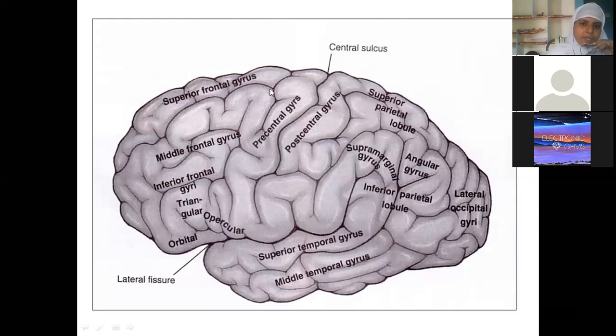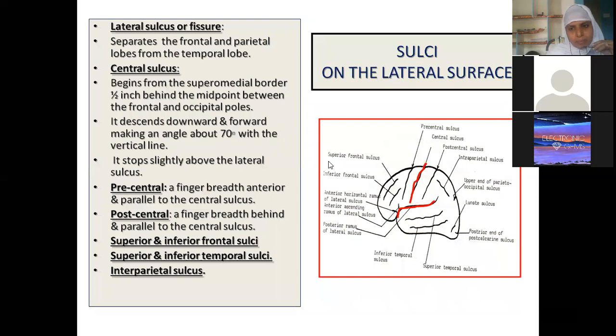In front of the central sulcus, we have the precentral sulcus. You see here, this becomes very easy. This red line is indicating the central sulcus. This second red line is indicating the lateral sulcus. Now let us see the sulci and gyrae which are found in each lobe.